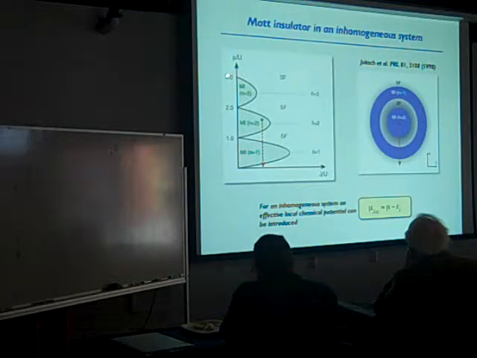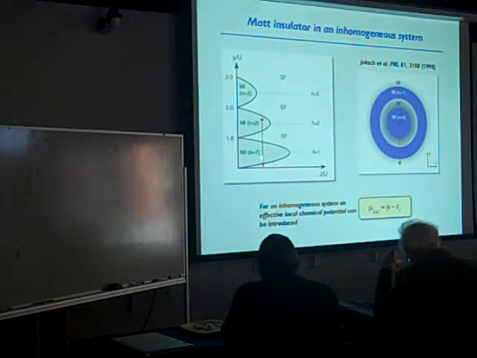If you have studied the Mott insulator in condensed matter, then you know there's a Mott lobe structure here. Depending on the chemical potential and the interaction strength, you have areas in this space where you have exactly one atom, exactly two atoms, exactly three atoms.